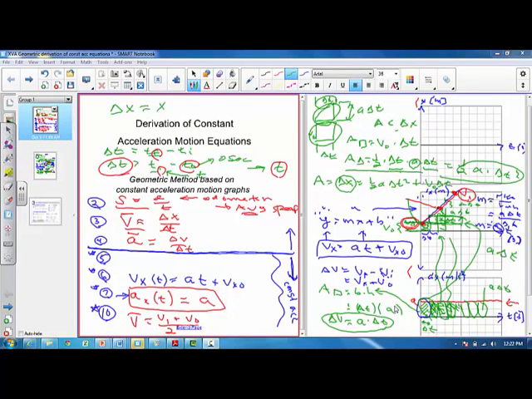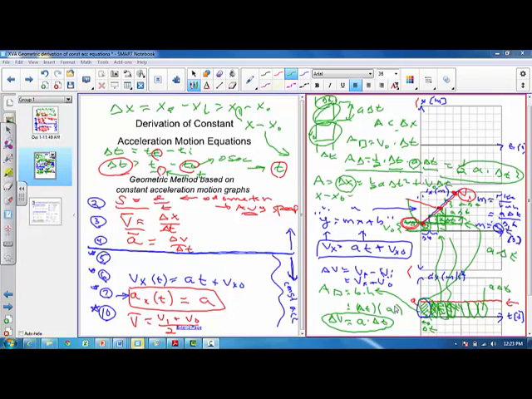Delta x is x final minus x initial, or I more typically use x1 minus x0. In math class, you wouldn't say x1, you'd probably just say some future value of x. So it's x minus x0. So I'm going to put x minus x0 in for delta x here. So I have x minus x0 equals 1/2 a, and remember, delta t, if our initial time is 0, just turns into t squared plus v naught times t.